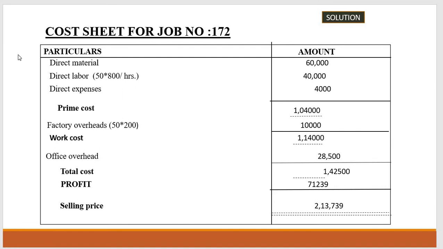We know that when we add these three items, direct material, direct labor and direct expenses, we get prime cost. So prime cost is 60,000 plus 40,000 plus 4,000, that is 1,04,000. Here we got the prime cost.